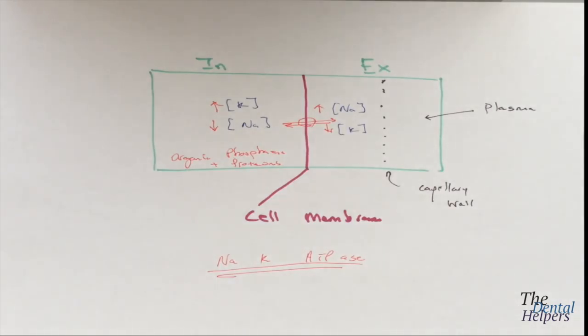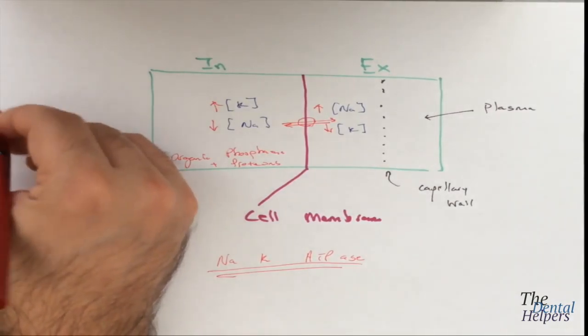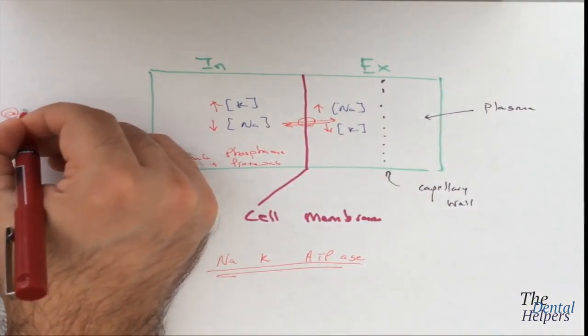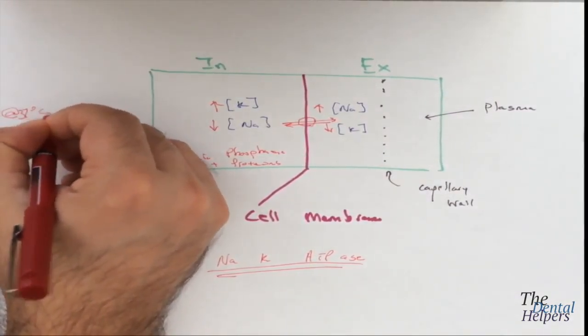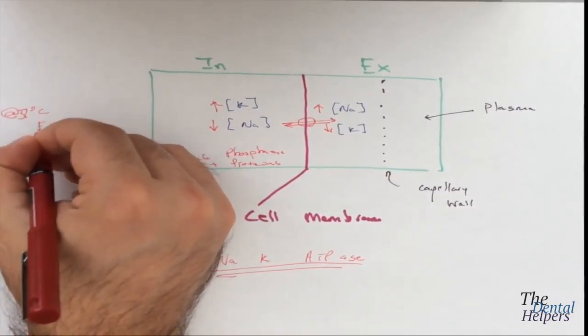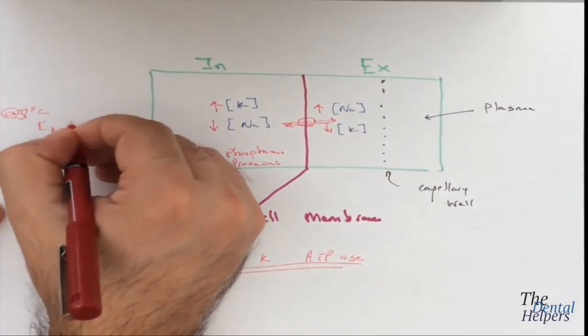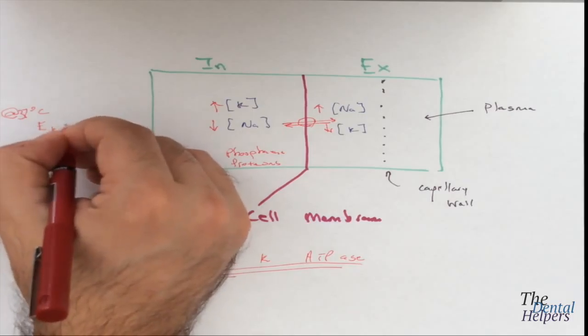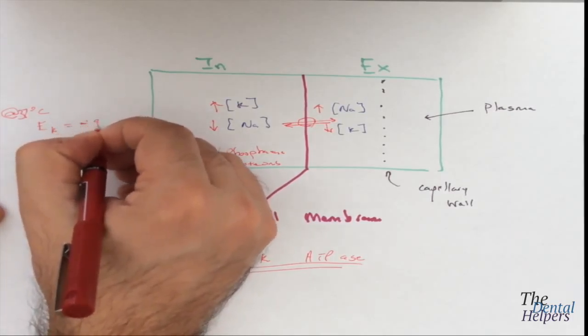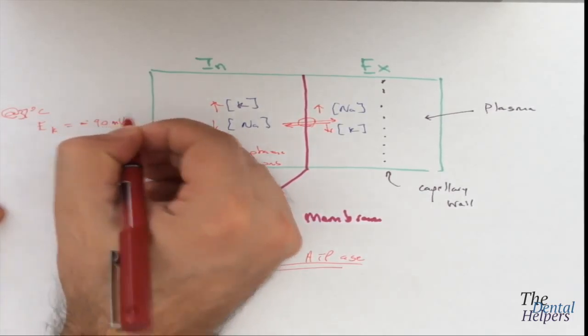Now, in terms of the equilibrium, what's considered the norm for what the millivolt range should be for the cell, just know at 37 degrees Celsius, we should expect that the equilibrium constant for potassium is negative 90 millivolts.